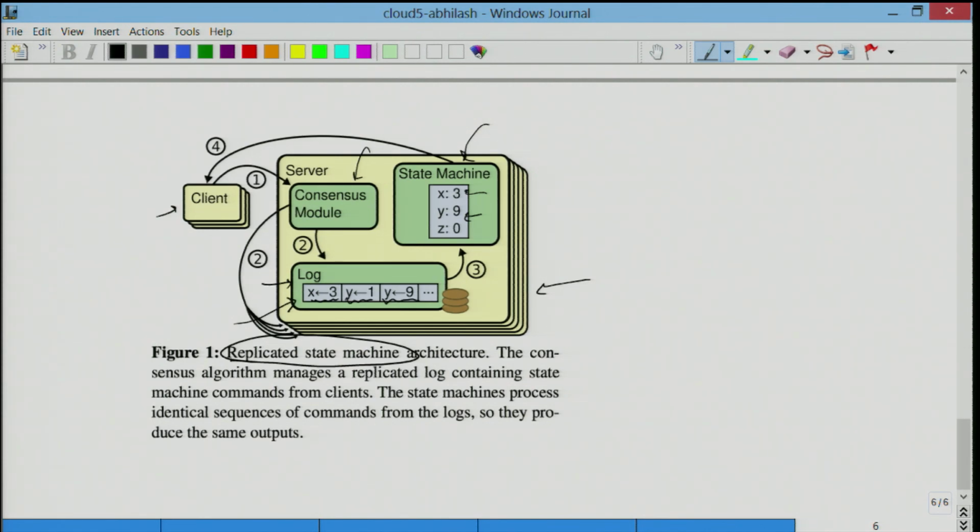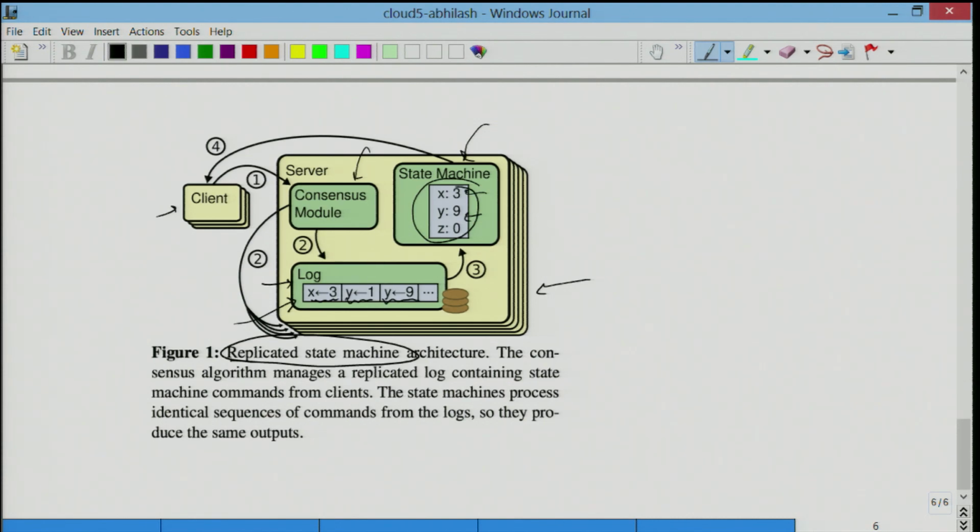So why do we use a log? What is the point of the log? The main thing we want to replicate is the state machine. We want the state machine to be replicated across different servers. All of them should think x equals 3, or the majority should think x equals 3. But why use a log? One answer was straggler mitigation, because you only need to write something to the log.